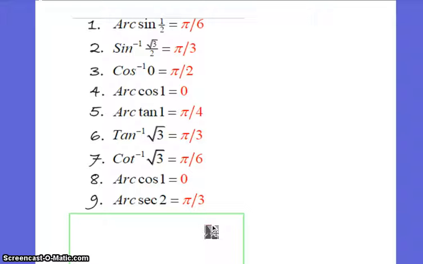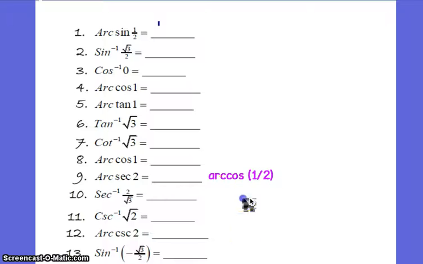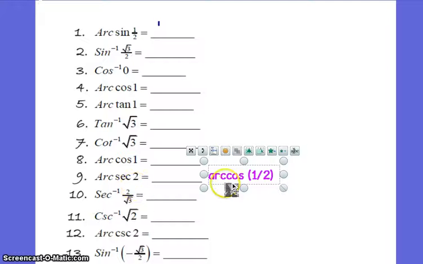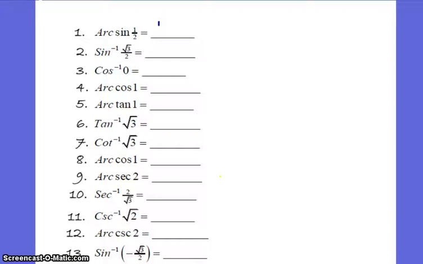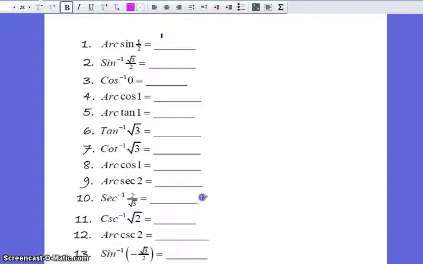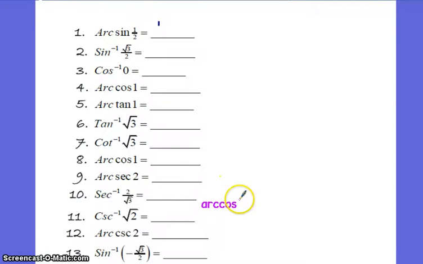So on the ones that are reciprocal functions, basically translate it to its reciprocal function and flip over the value here. So for instance, on this one, this is like looking for the number 10. It's like looking for the arc cosine of square root of 3 over 2, which is going to be way too much trouble for me to try to type square root of 3.